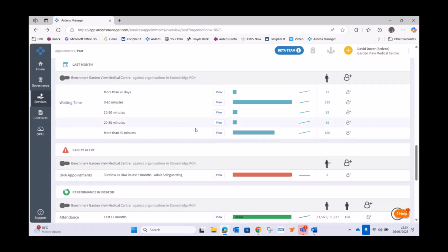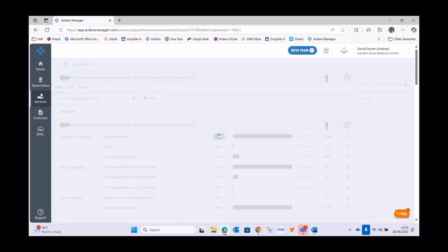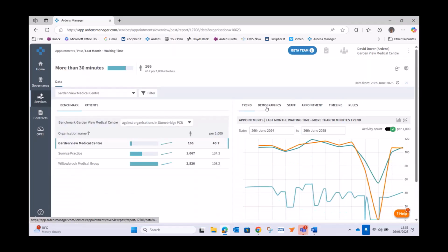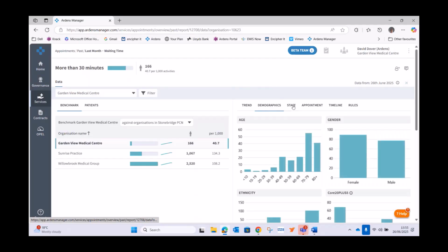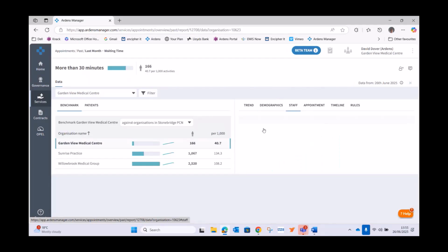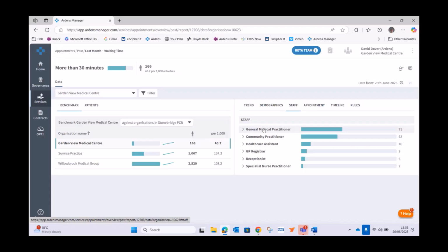So on your waiting times here, I've got 166 patients waiting more than 30 minutes. Now, it's just putting that into context and understanding, as a practice, what can we do to alleviate this? If I view the patients, yes, I can see the demographics, but I'm probably more interested in which of those clinicians is regularly running 30 minutes late.